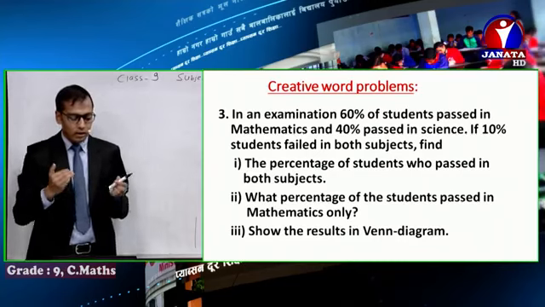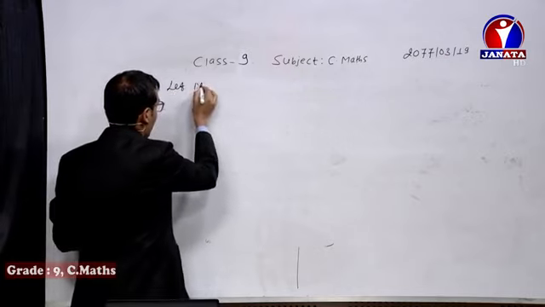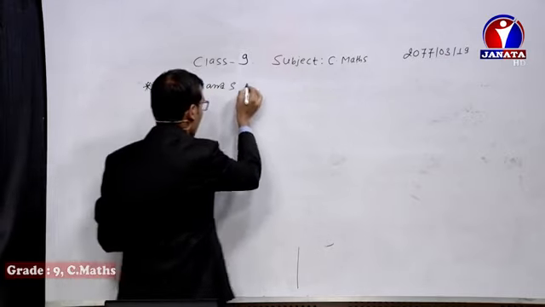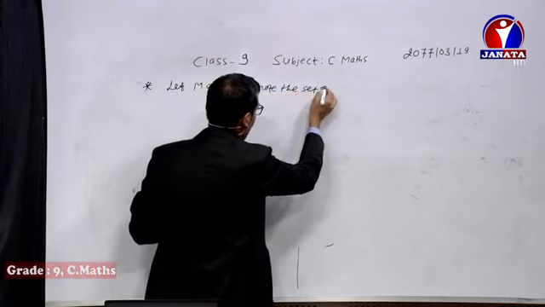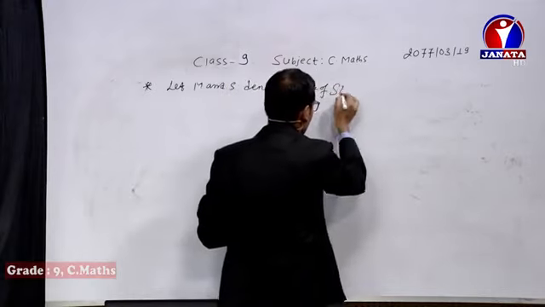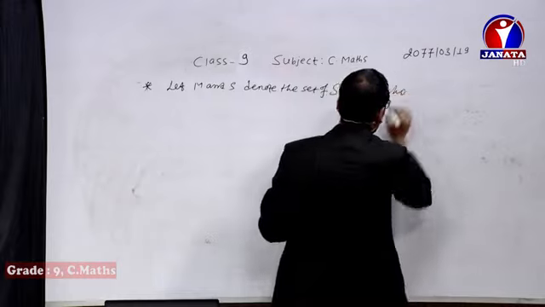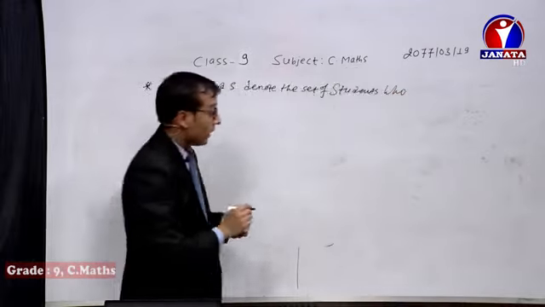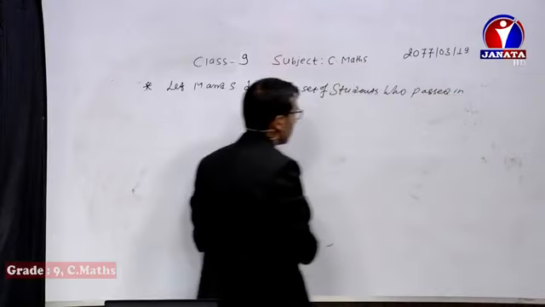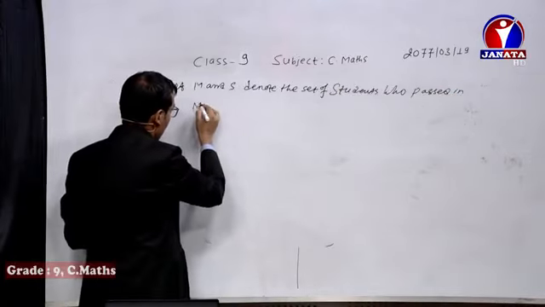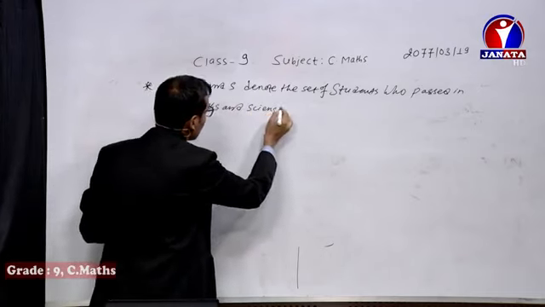So let's write: let M and S denote the sets of students who passed in mathematics and science respectively.